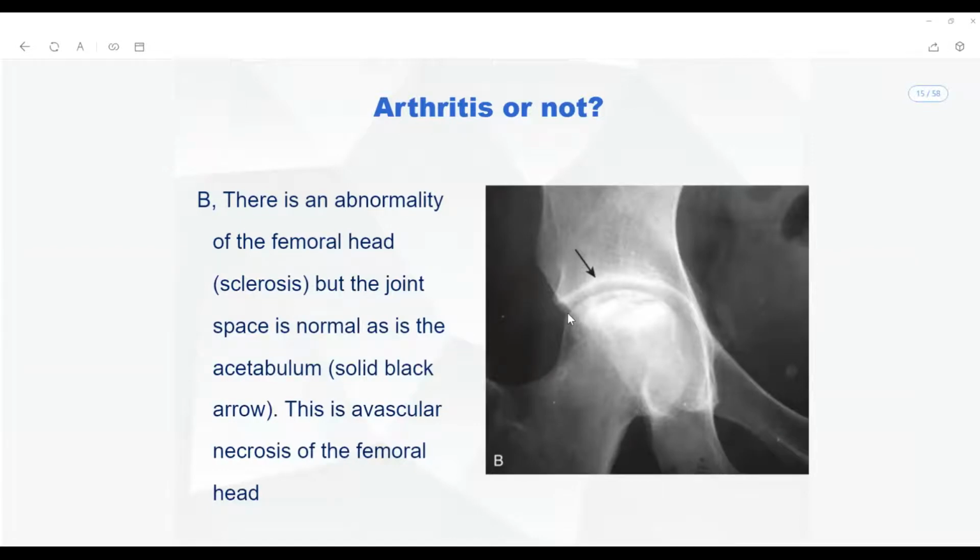This is actually avascular necrosis, because the only single evidence by which I was able to differentiate this condition, even though there are osteosclerotic changes along the articular surfaces, is that there is no joint space reduction. So joint space reduction should almost always be present if you are trying to make a diagnosis of arthritis. Okay, again, is this point clear?